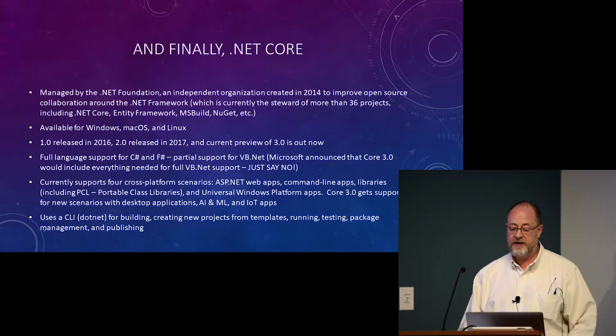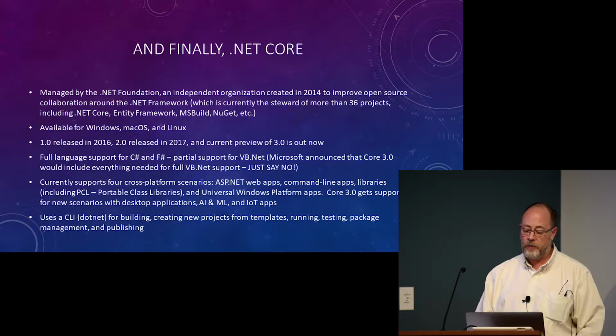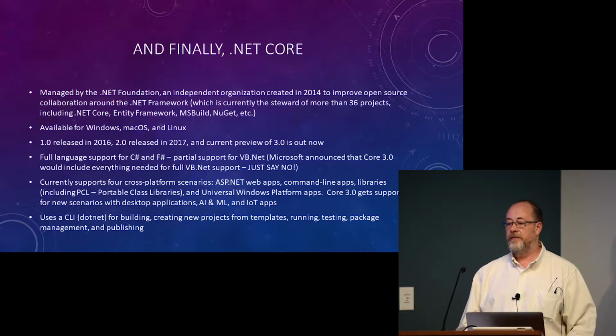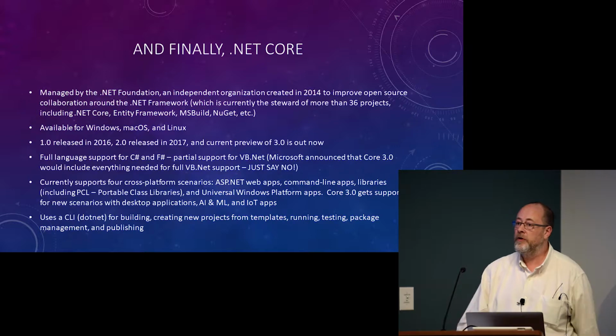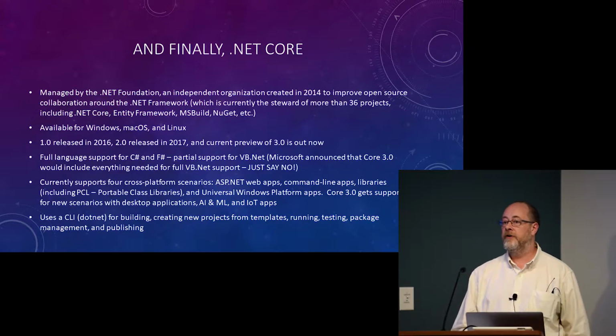You see some dates there about when the versions have come out. 1.0, 2.0, 2.1 is the current, and 3.0 is currently in preview. But you can see on the dates that it's pretty aggressive. Every year we're getting an entirely new full version.